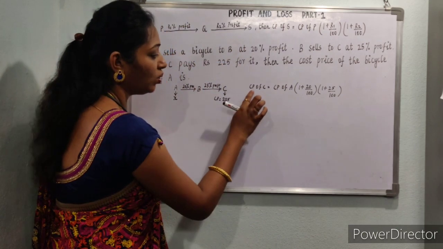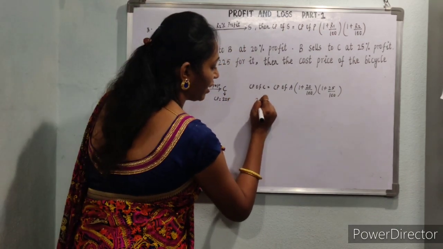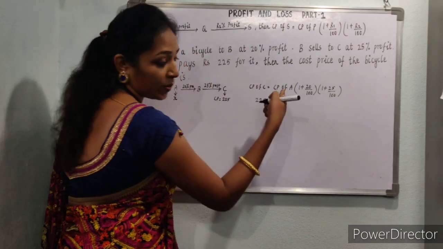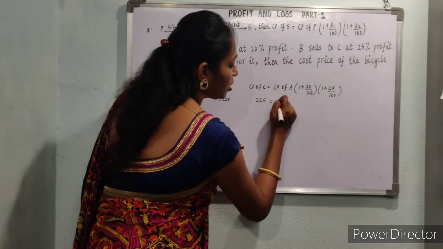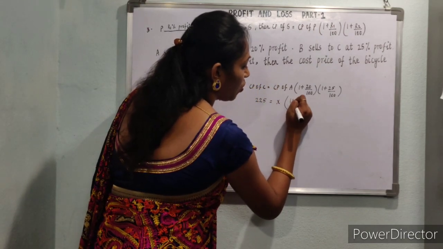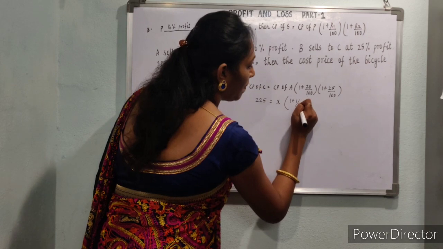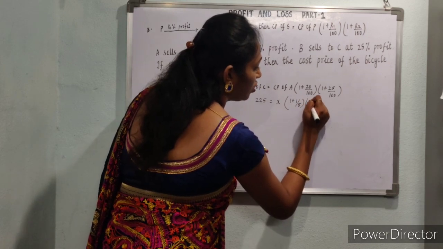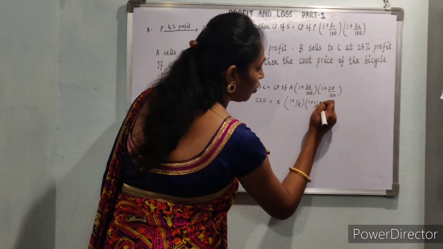Now substitute the values. Cost price of C is 225, equal to the cost price of A, which we have to find out. So this is X into 1 plus 1 by 5 into 1 plus 1 by 4.